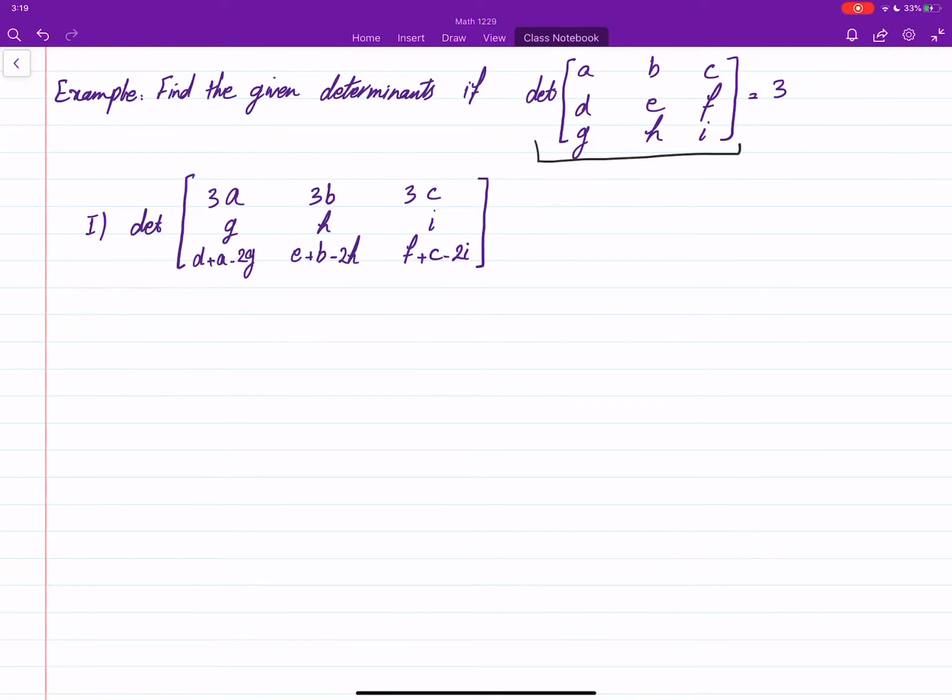Now, there are 3 different determinants which somehow are generated by some elementary row operations from this matrix.